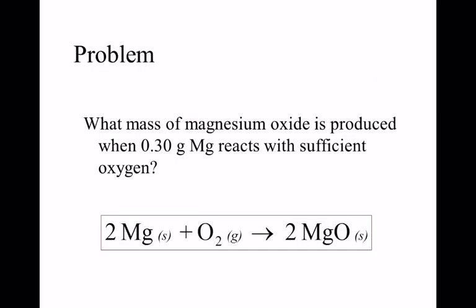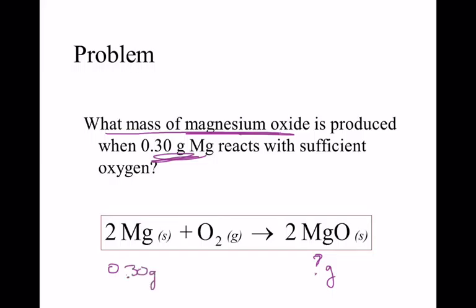So let's stick with the same balanced equation, but change it up a little bit. In this case, it asks what mass of magnesium oxide. So I find magnesium oxide and put question mark grams. What mass of magnesium oxide is produced when we have that same mass of magnesium, 0.30 grams?